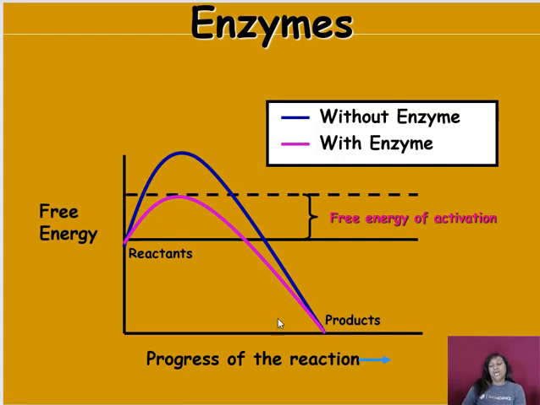Without an enzyme, you have this free energy activation curve. Think of it as a mountain, a hill that has to be climbed in order for the reaction to proceed to a product. As you can see, without an enzyme, that energy of activation is quite high. But with an enzyme, if you follow my cursor, it's much lower. And so the process can proceed faster.